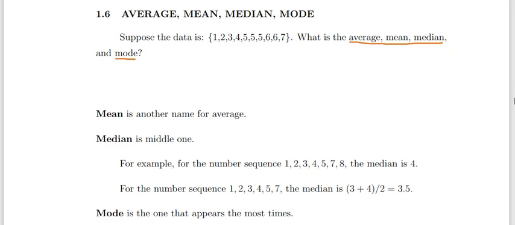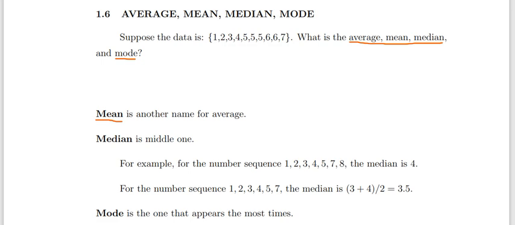What is median and mode? So what is the average? Average is the addition divided by the total number, right? Average is easy. So what is mean? Mean is just the average. Mean is just another name for average. In statistics, we use mean for average.